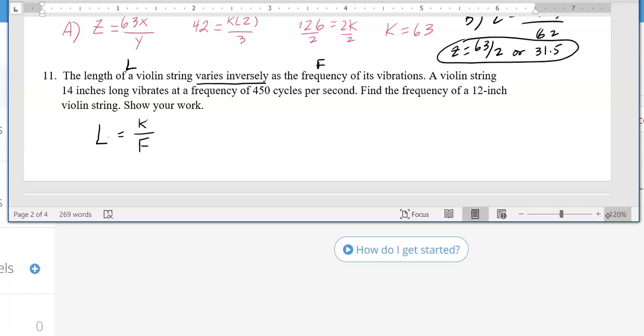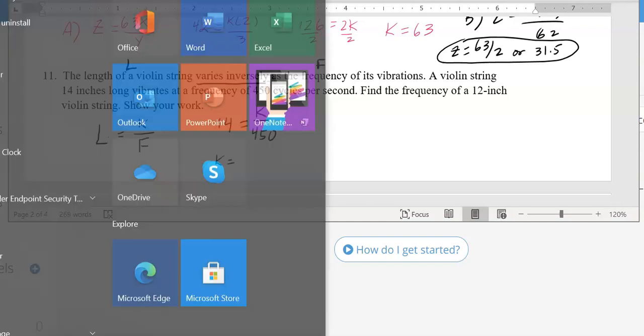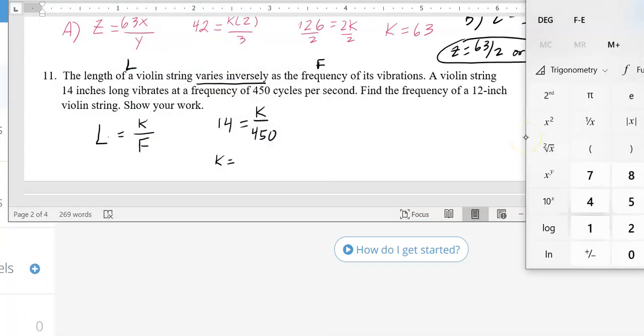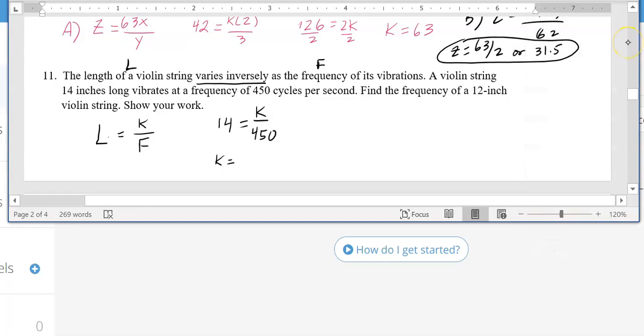A violin string 14 inches long, tells me L is 14, vibrates at a frequency of 450 cycles per second. All right, so solving for k, we would do 14 times 450, and that's 6,300.